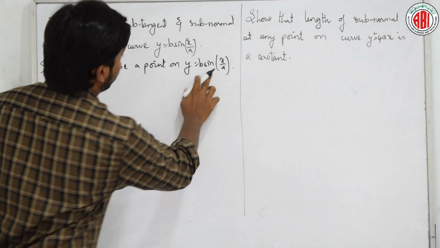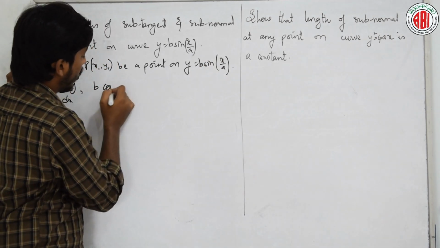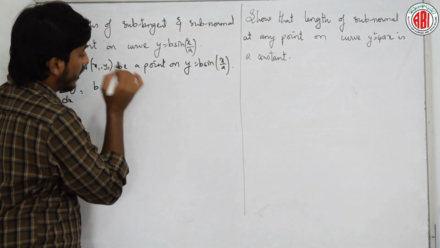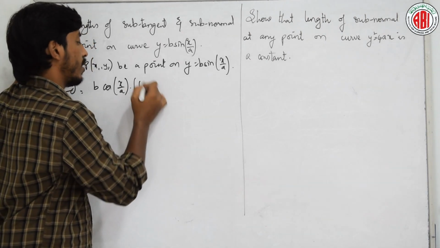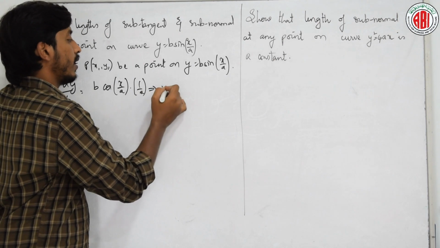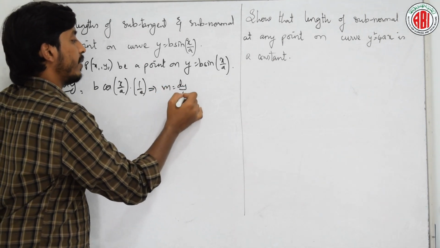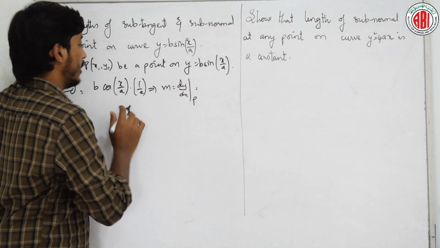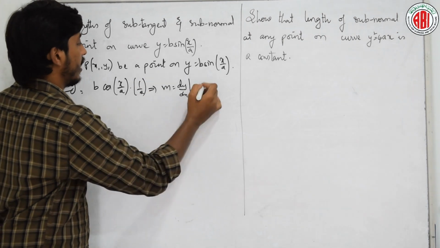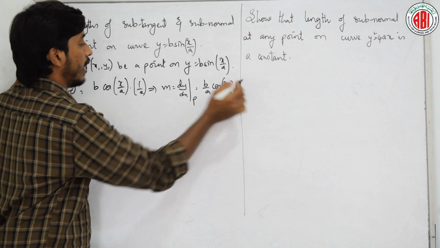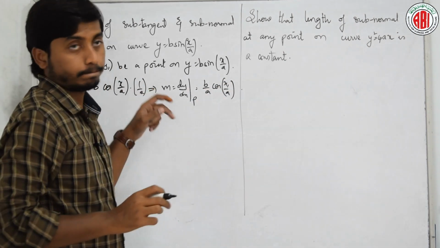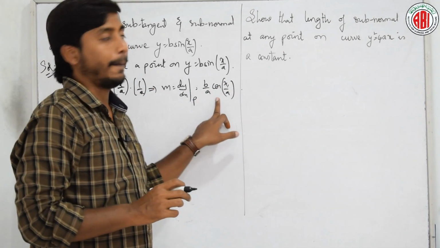What is the differentiation of sin x by a? That is cos x by a into, instead of x there is x by a, so its differentiation is 1 by a. So, m will be dy by dx at point P, that is equal to nothing but b by a cos x1 by a. Is it? This is my m.